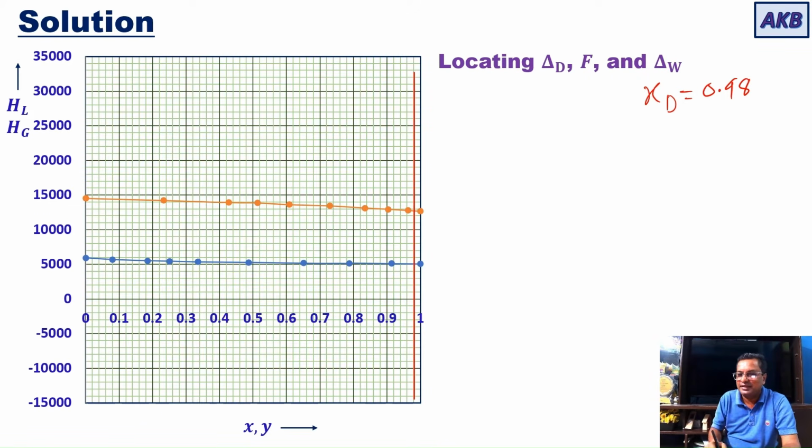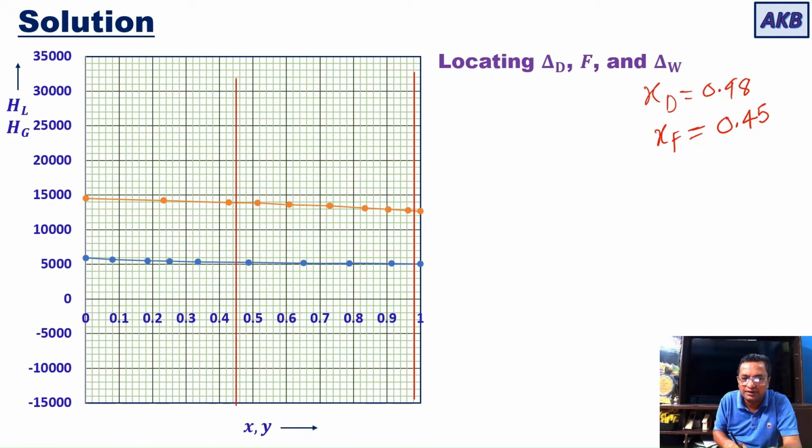I have located XD on the lower curve, and then I have drawn a vertical line through that point. Then XF is also given to us. XF is 0.45. So I am going to draw a vertical line through XF, that is 0.45. Then XW is also provided to us. XW is 0.02. So again, I will draw a vertical line through XW.